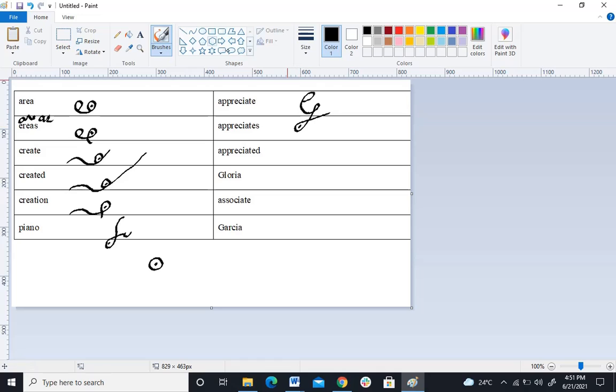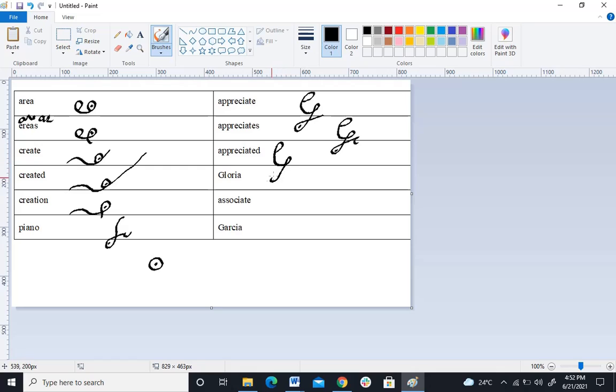Okay, so ating aya and then t. Sh. Yan, that's the SH sound. Next, we have appreciate. So, the same with the appreciate, lagyan mo na lang ng S. So, we have appreciates. Okay, next, we have appreciated. Appreciated.